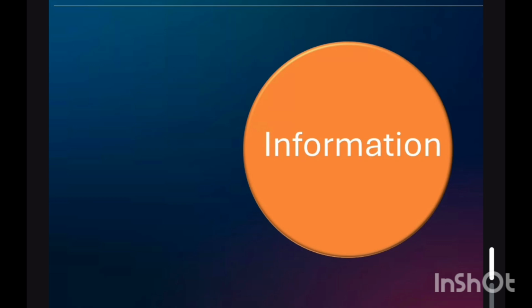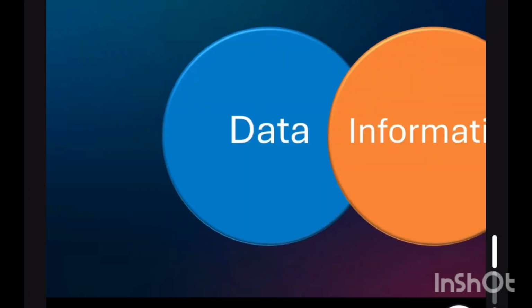Next we have information. This is also what inside the data we want to process. That's called information. So data and information we can say when both are brought together and we process our data with some information.